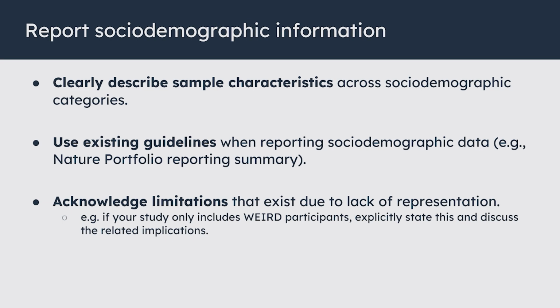But there are a lot of guidelines now coming out for different journals, as well as different funding agencies, that provide guidelines of the specific categories you should use, or the specific variables that you should be reporting. And with that, we can also acknowledge the limitations where they exist. So if you have a very weird sample, it's not ideal, but we can at least say, yes, our sample does not represent everyone, and that itself is a start.